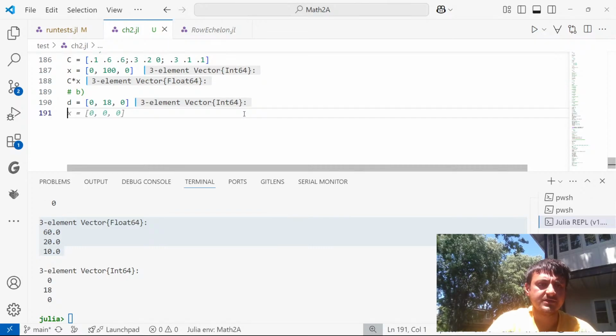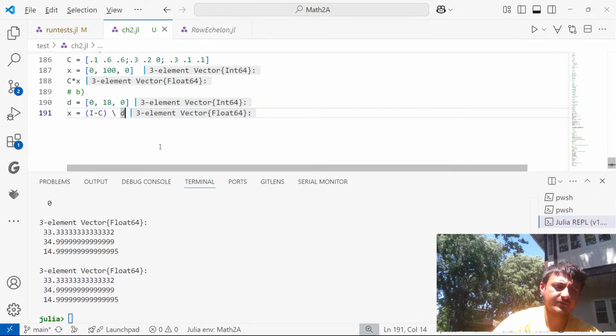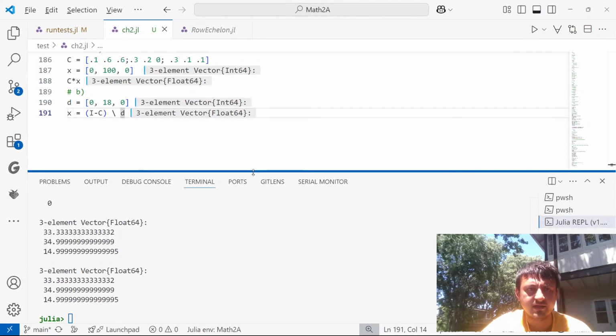And what we want to do is I minus C backslash D. So that's how much we need: 33, 35, and 15. It says do not compute an inverse matrix. I did.